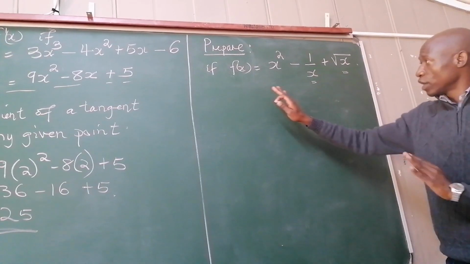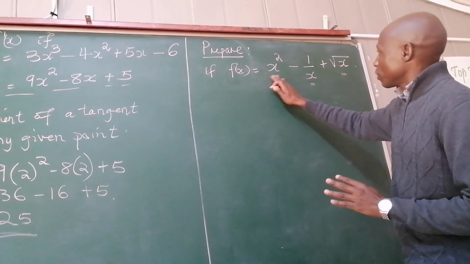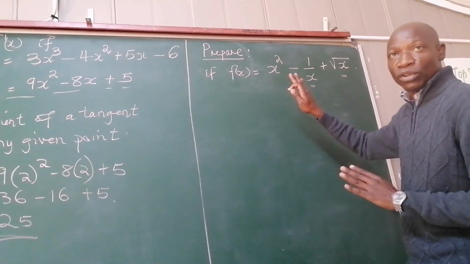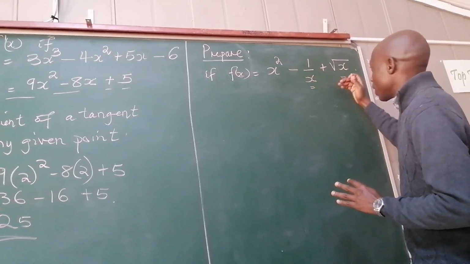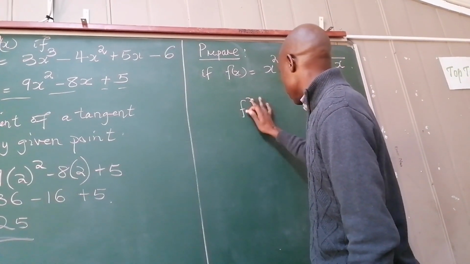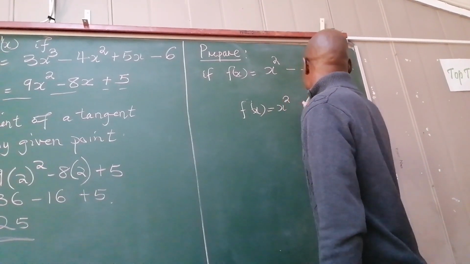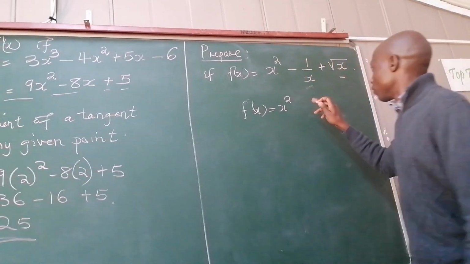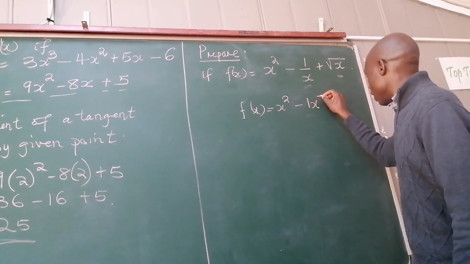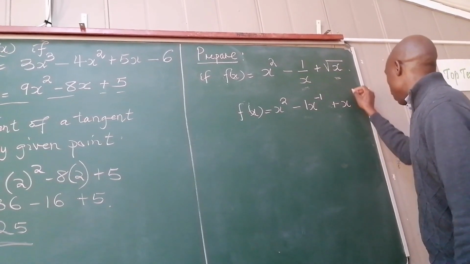So we are going to keep the function as it is on hold. All these other parts, for instance x to the power 2, stay the same, we don't change them until all these parts are done. Now in this case, we will have f of x is equal to x squared, and then from the laws of exponents, this one becomes minus 1 times x to the power negative 1, and then this one becomes plus x to the power half.